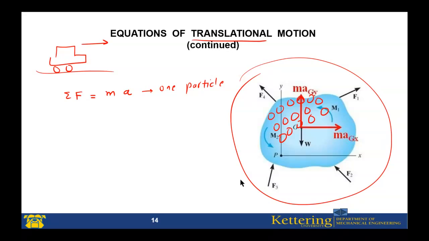To write this equation, we will write sigma F equals m a, where m is the total mass of the rigid body.